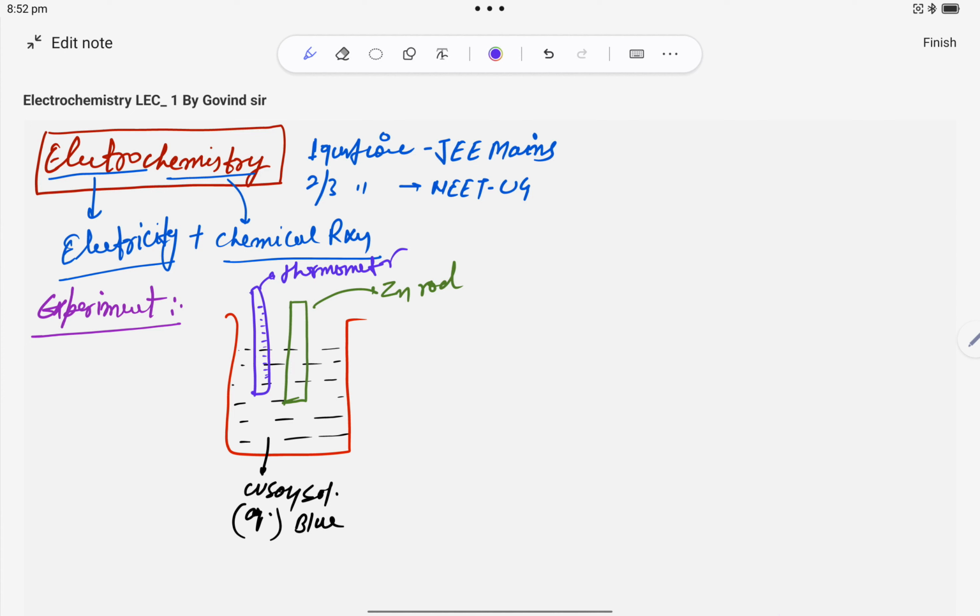Leave this for some time. After some time, some observations came. First observation: the zinc rod reduced in weight.